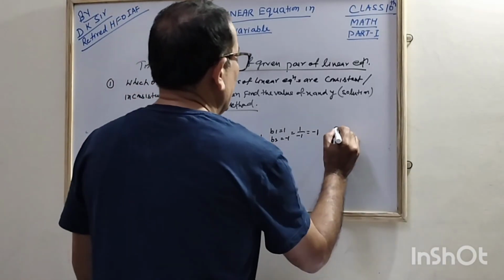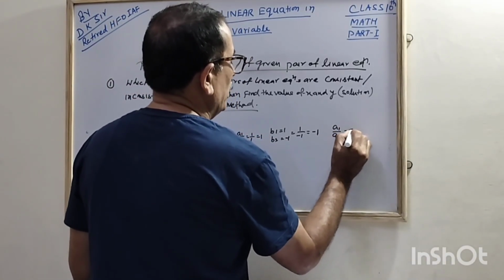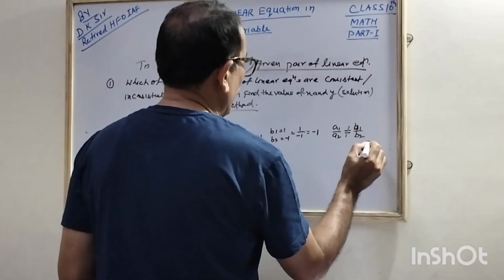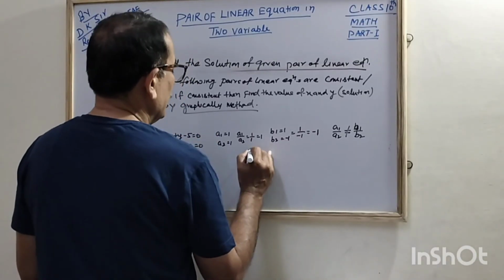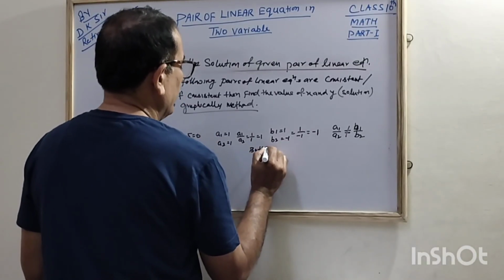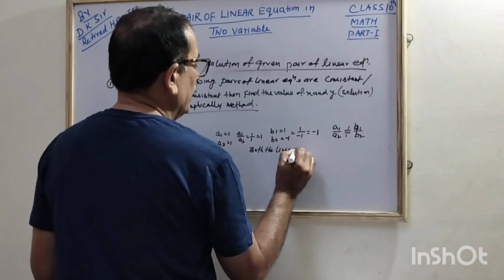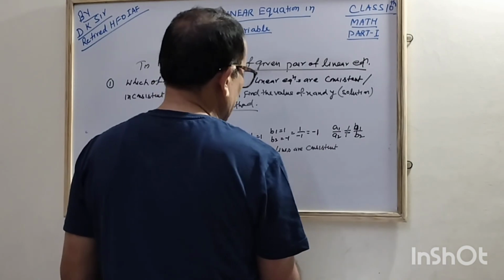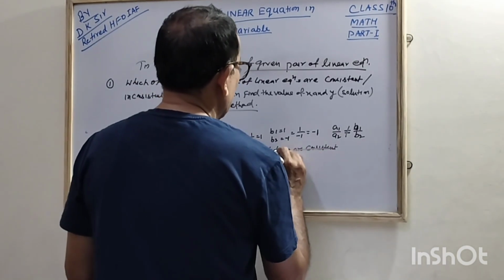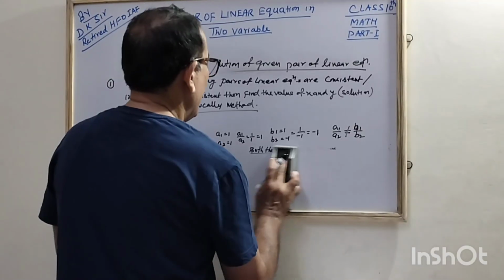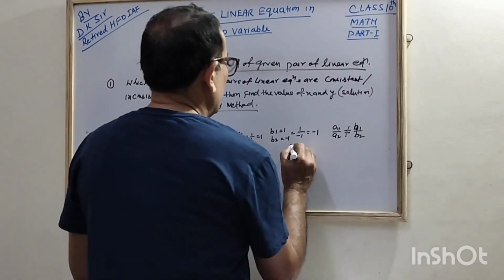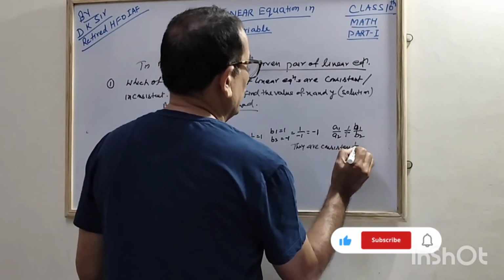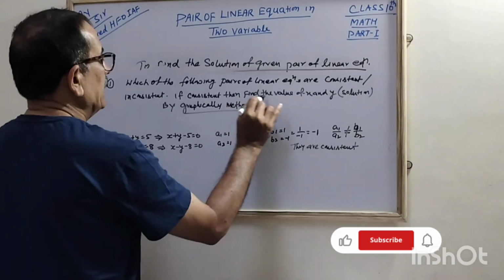So here we find that a1 by a2 is not equal to b1 by b2. So both the lines are consistent, which means they will have a solution. The first answer is over. If consistent, then find the value of x and y.